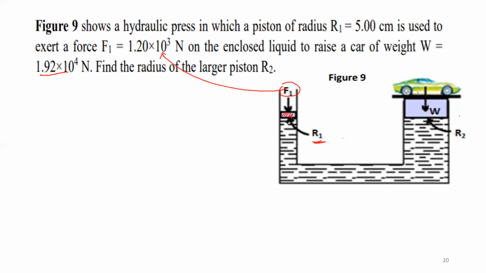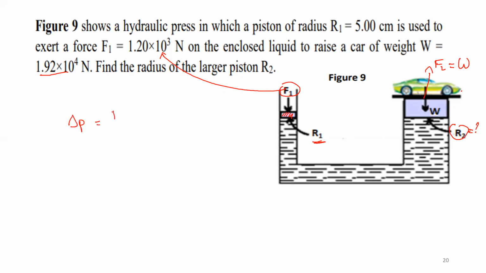Now the question is, what should be the radius here on the right, the larger piston, in order to lift this car? So in order to lift this car, I have to apply here a force F2, which is at least equal to the weight here. And then I will say that the change in pressure is the same.